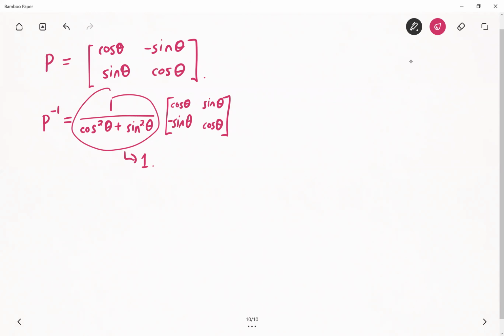And the interesting thing about this matrix is we can write this in a different way. P inverse happens to be the same as P transpose. Right? If I were to take the original matrix and divide it into rows, the rows of P correspond precisely to the columns of P inverse.